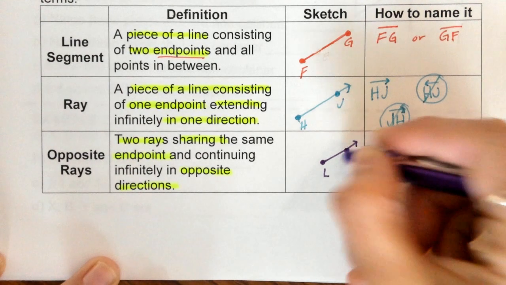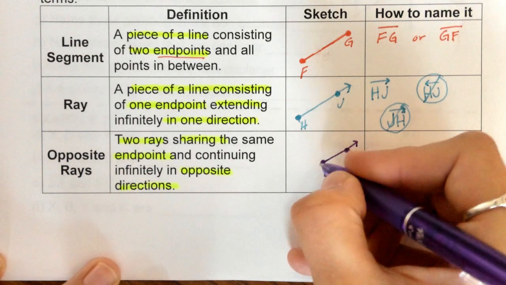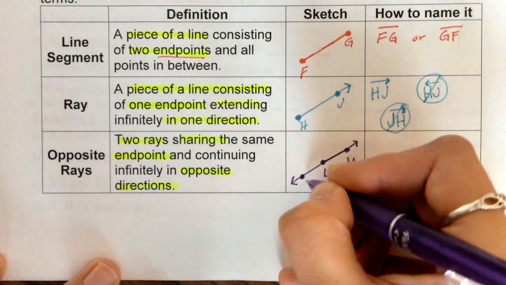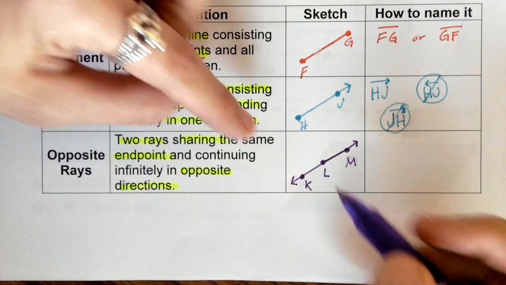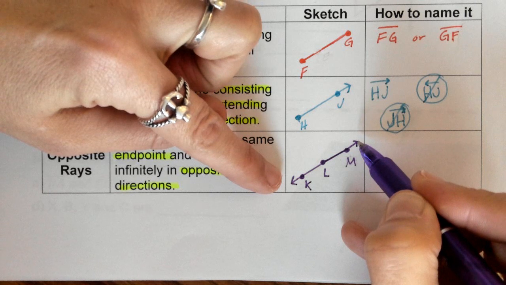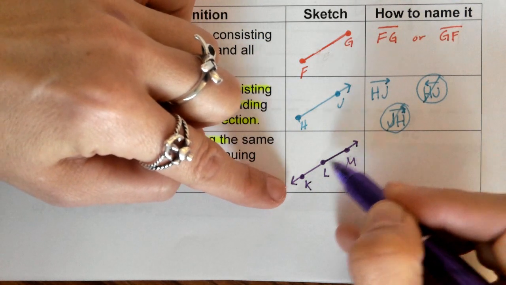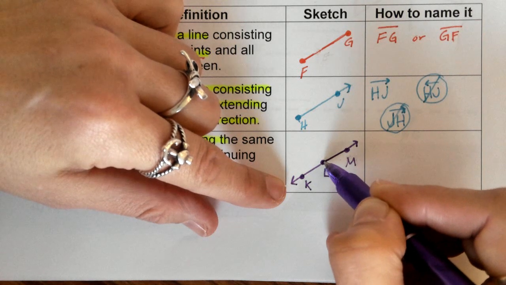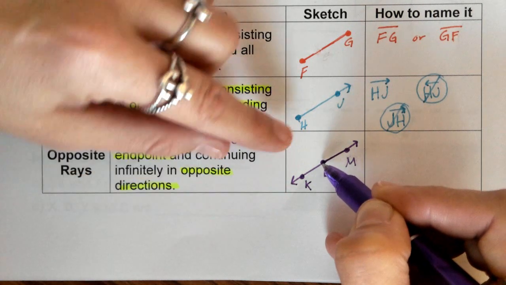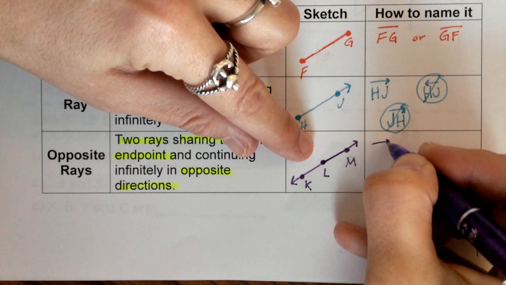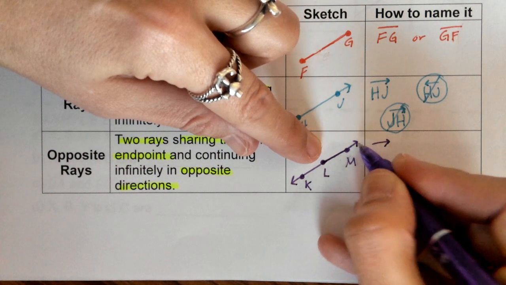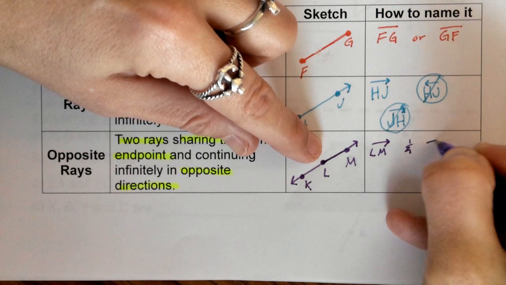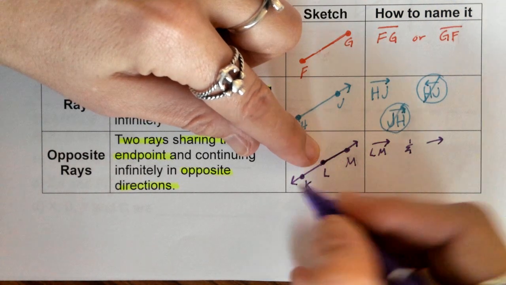And then in the complete opposite direction, I'm going to go ahead and put a point over here, call this K, point K. So it's going to be a straight line, not a line segment, but a line with rays, and it's going to have 3 different points. That middle point right here, that's going to be where the opposite rays start. So here we look at the first one, LM, it has to start with that L, and ray LK.